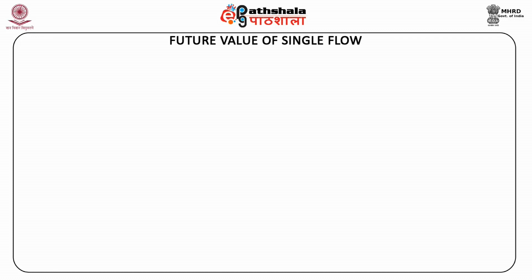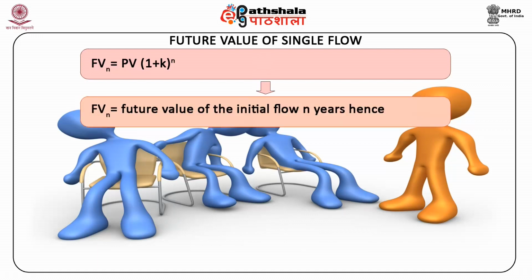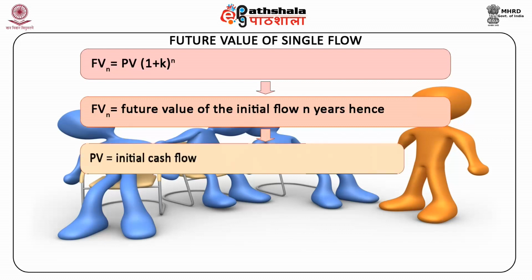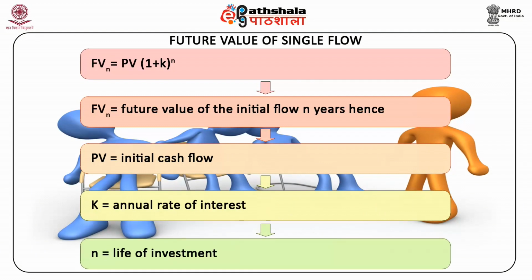The future value after the year n, FVN, is equal to PV multiplied by (1 plus K) raised to power n, where FVN is the future value of the initial flow n years hence, PV is the initial cash flow, K is the annual rate of interest, and n is the life of investment.